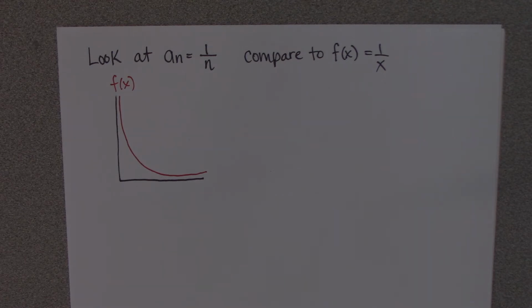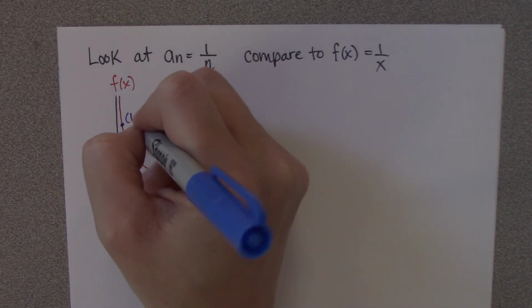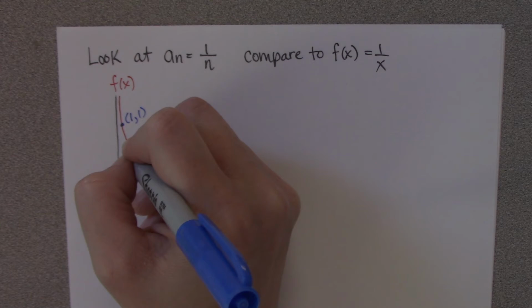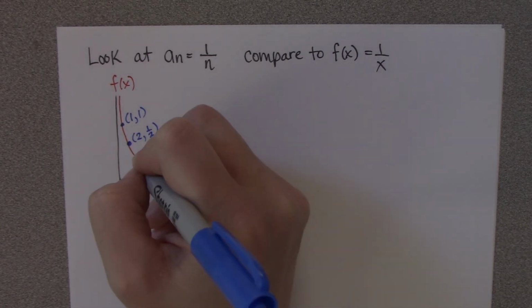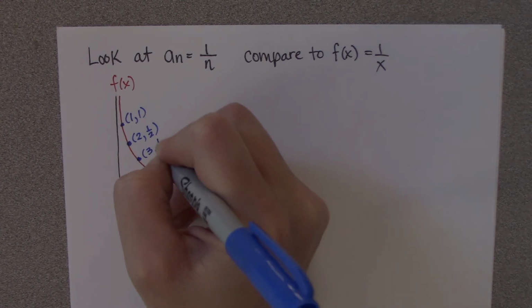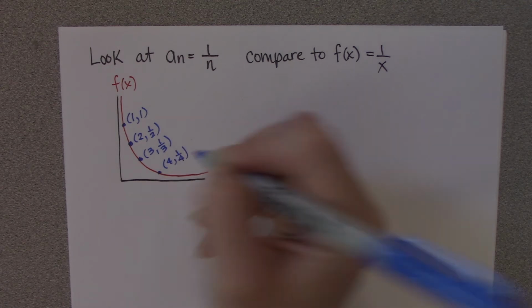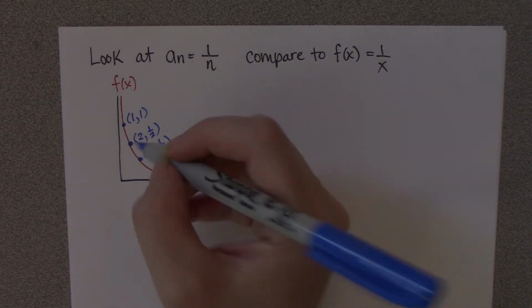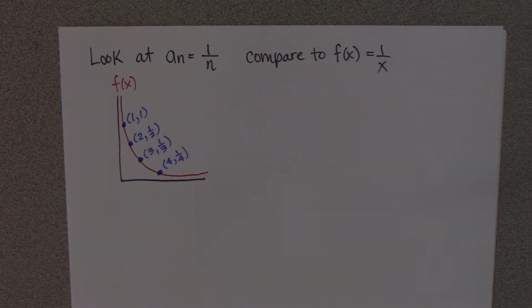So if we actually plot points for 1 over n, remember, we usually start at 1. We certainly can't plug in 0 because you can't get 0 in the denominator. So if we plug in 1, we get 1. If we plug in 2, we get 1/2. If we plug in 3, we get 1/3. And I'll go one more. We get 1/4. So notice that the values in the sequence live on the line of the function.